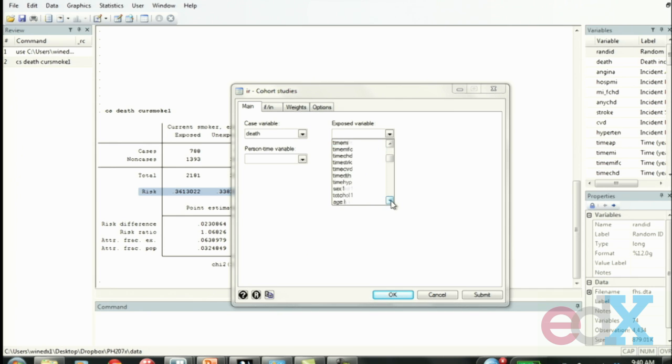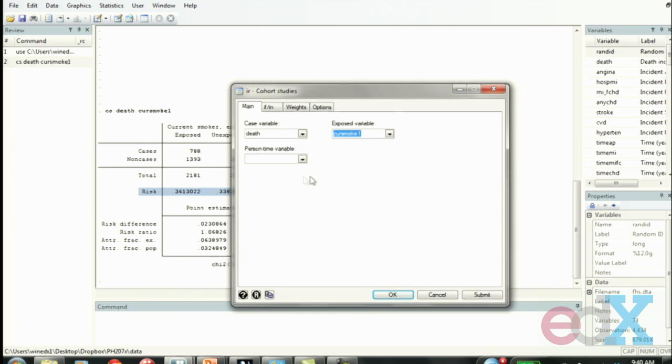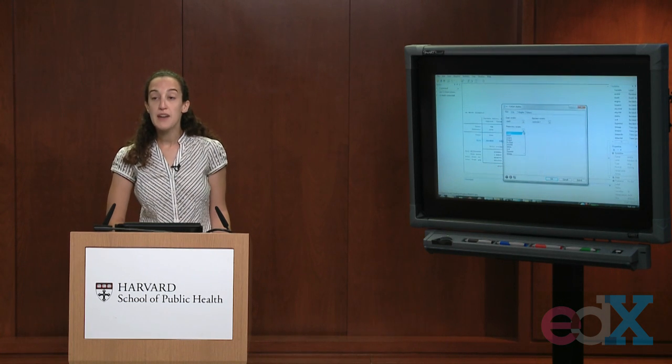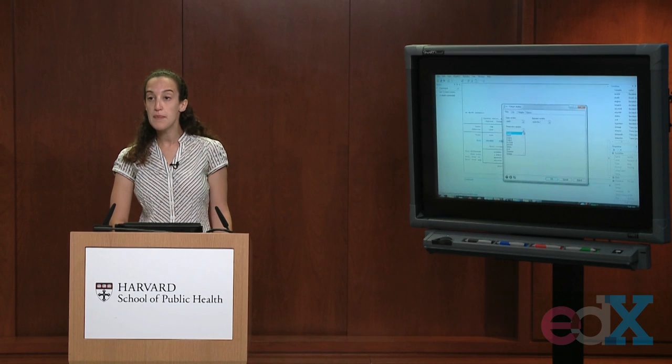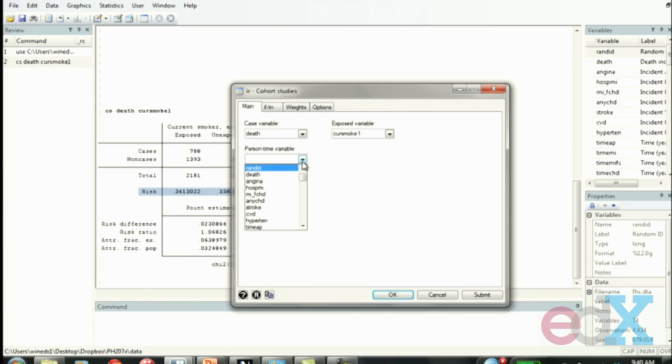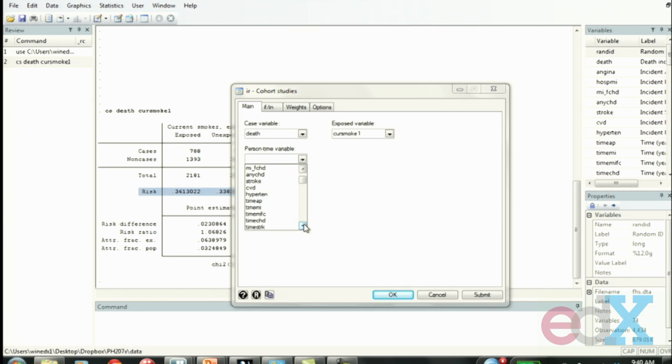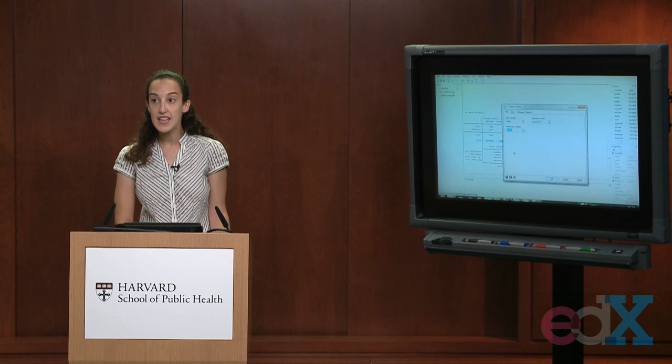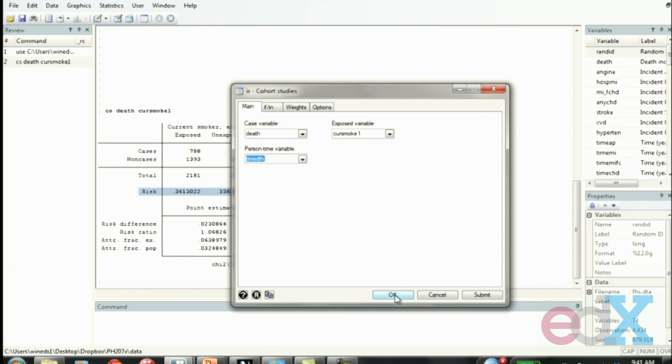So just scroll down until you get to cur-smoke1. Now the difference here is that it's also asking for the person time variable. So we're interested in the amount of time that you were followed from baseline until death or the end of follow-up. And that variable is represented by something called time DTH, time to death or end of follow-up. So once you select that, just hit OK at the bottom.